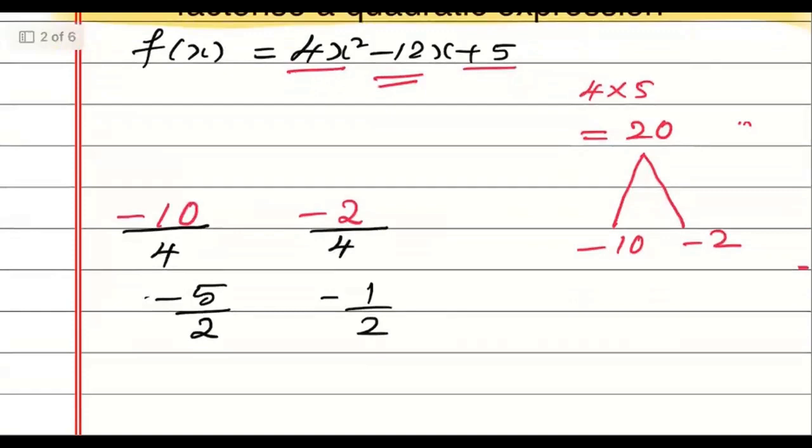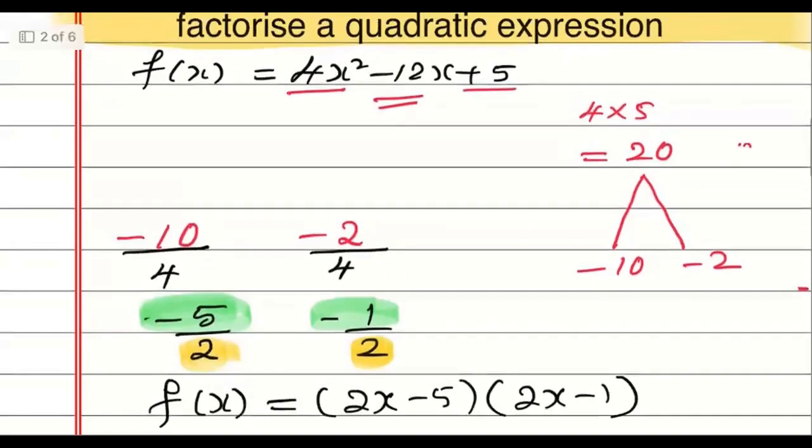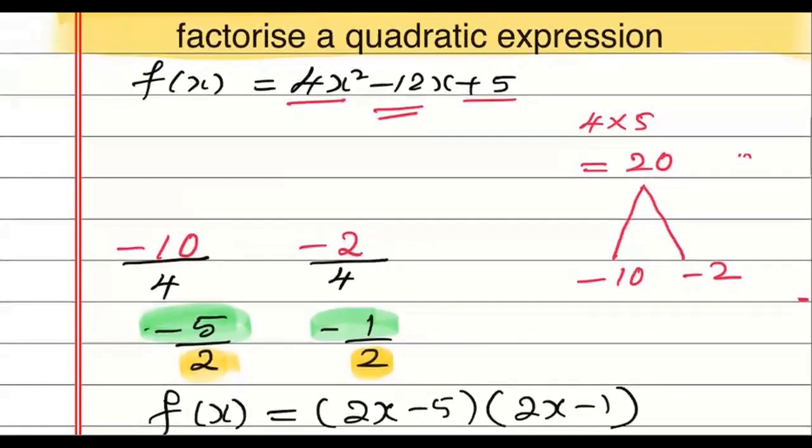Now to write the factors, take these denominators as coefficients of x and the numerators as constants in the linear factors. So we will get f(x) equal to (2x minus 5) times (2x minus 1). So that is the factorization of 4x² minus 12x plus 5.